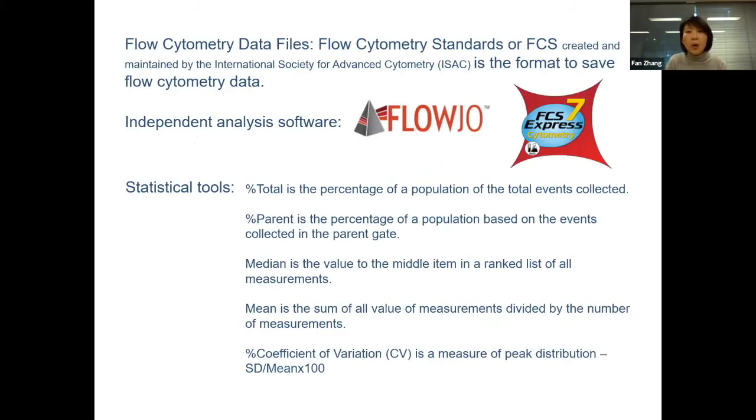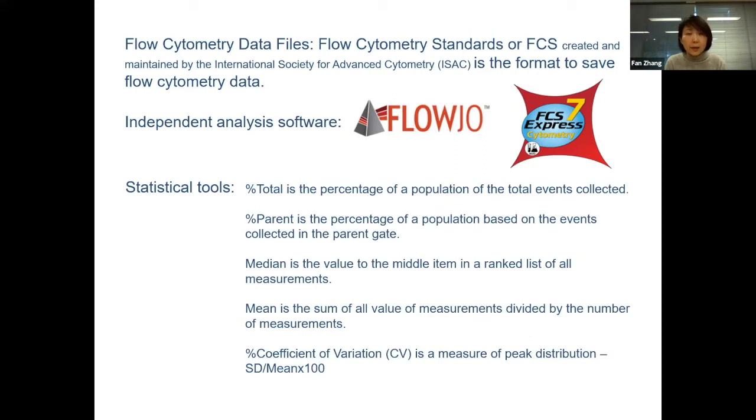The data acquired from flow cytometers are stored as a standard FCS file. So these FCS files can be analyzed offline by independent analysis software such as FlowJo and FCS Express. These are the commonly used statistical tools in data analysis.